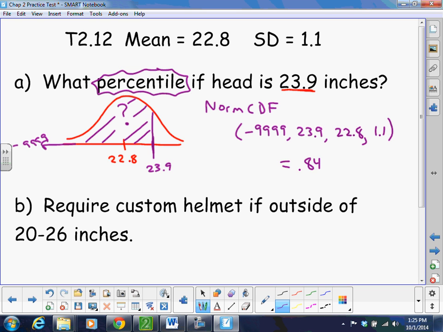Okay, so we could say roughly we're in about the 84th percentile, because 84% of the area is below our value, to the left of our value.